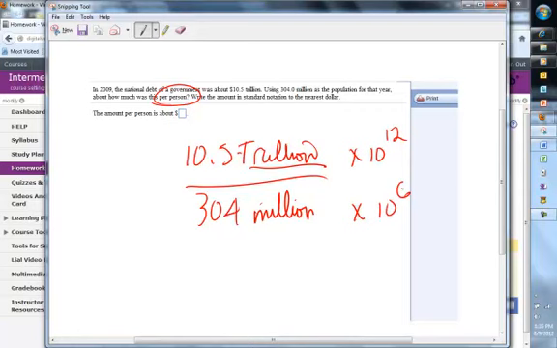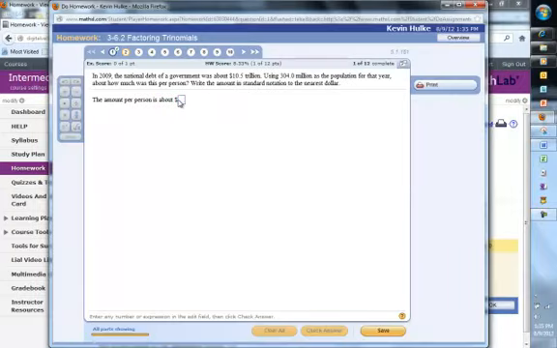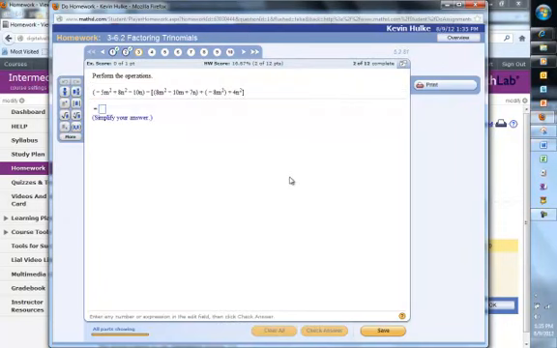And we get $34,539. It wants it to the nearest dollar. $34,539.